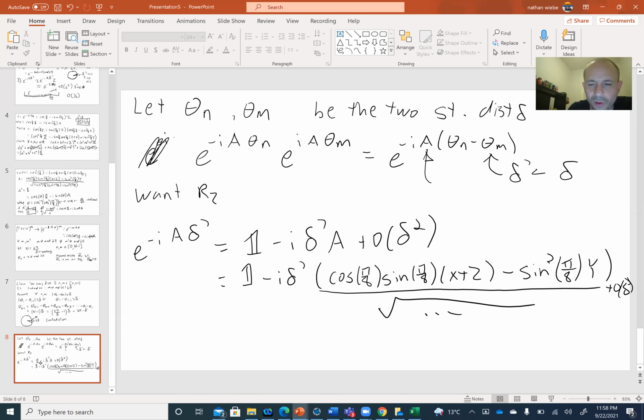Okay, so now the question is, what happens if we multiply this by e to the negative i a delta prime z?